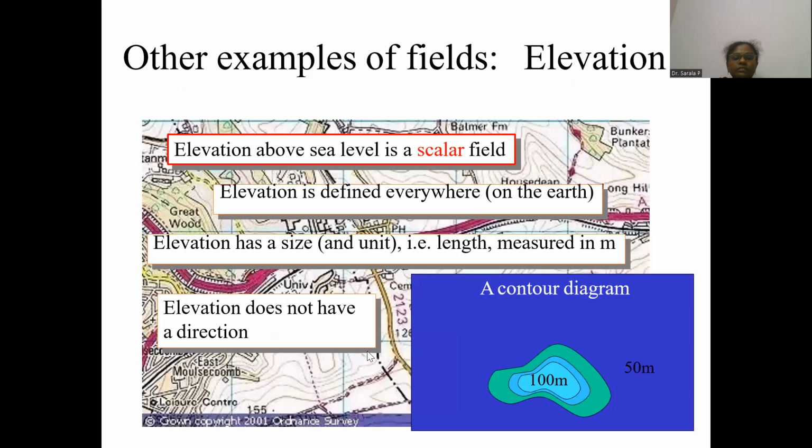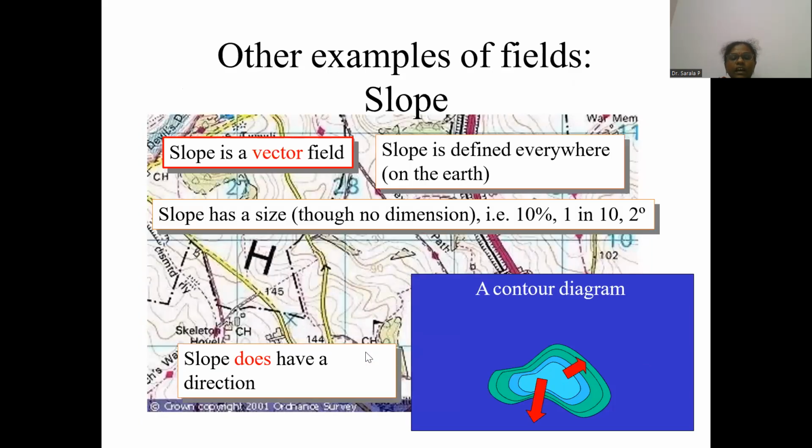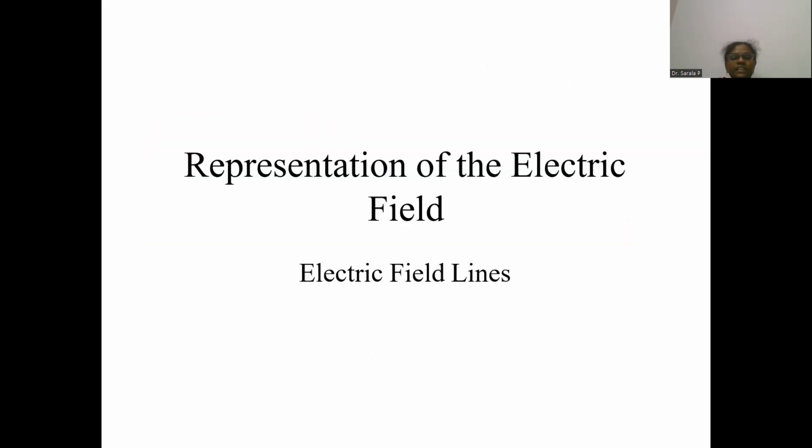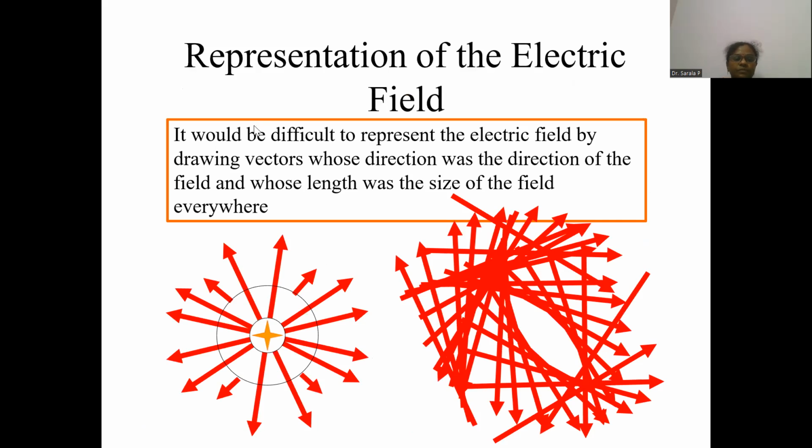Okay. And we go with the representation of the electric field. It would be difficult to represent the electric field by drawing vectors whose direction was the direction of the field and whose length was the size of the field everywhere.